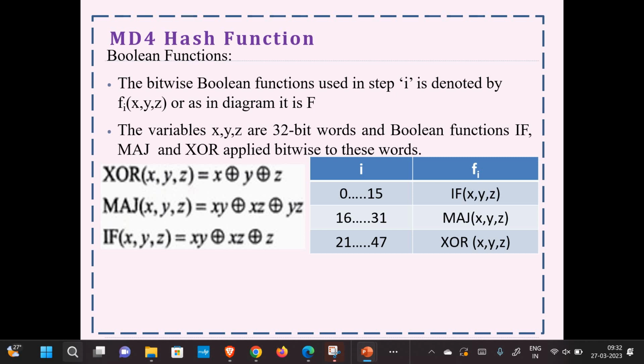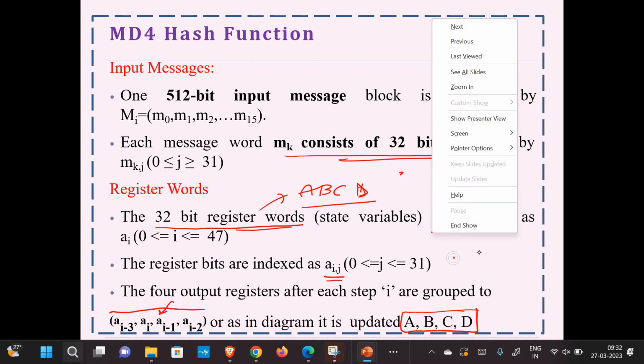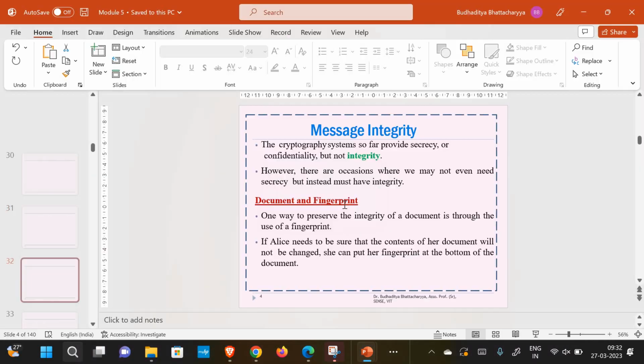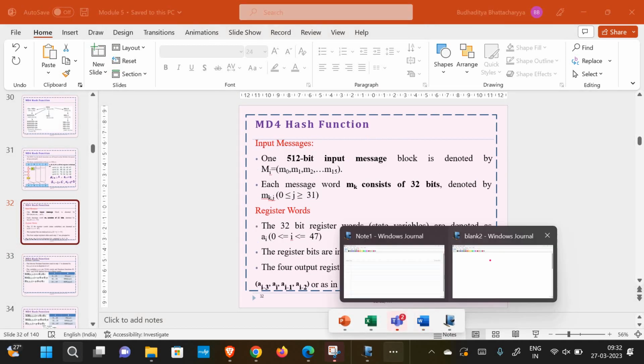Alright, so before going to this, let me draw a diagram so you can understand what we have discussed up to now. Just follow this carefully, what we are trying to do. This is my 512 bits.